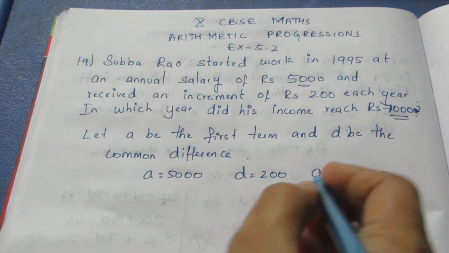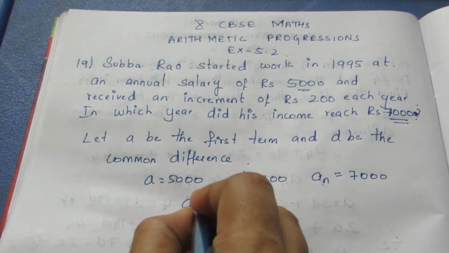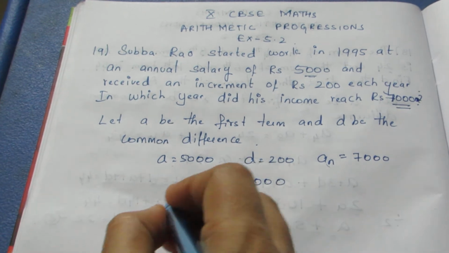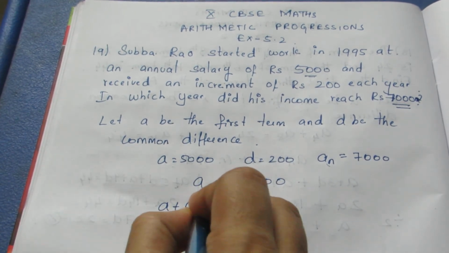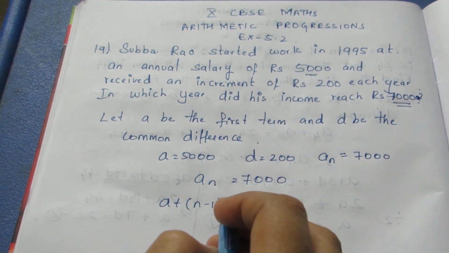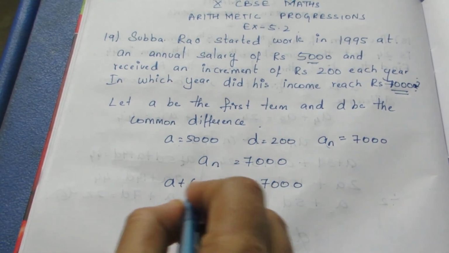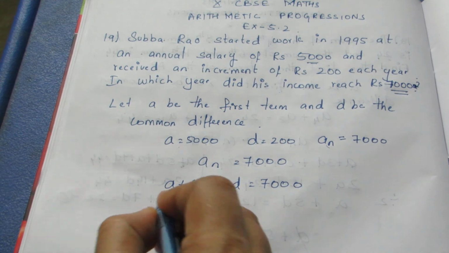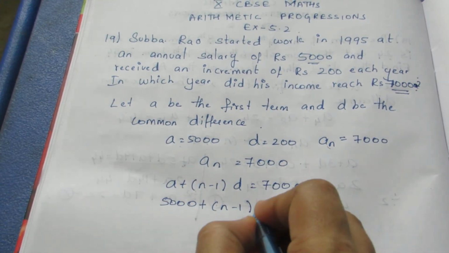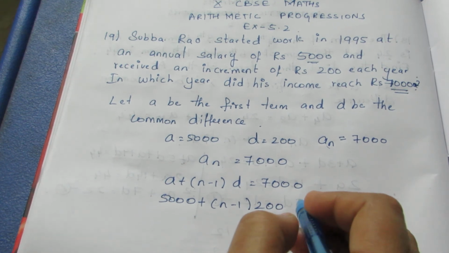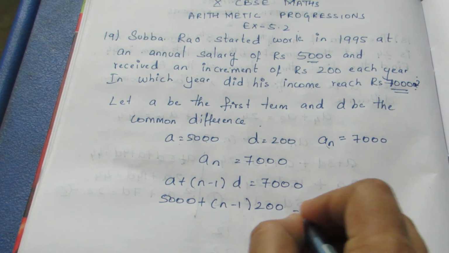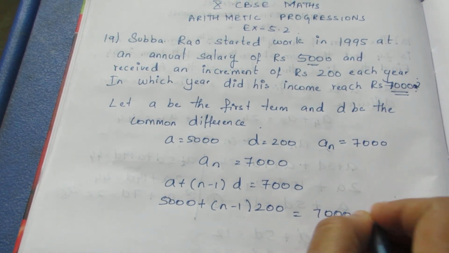So I am going to substitute in this formula: AN equal to A plus N minus 1 into D, equal to 7,000. Now A we know is 5,000, plus N minus 1, we don't know N, we need to find that, and D is 200 as it is, because there is an increment, equals 7,000.